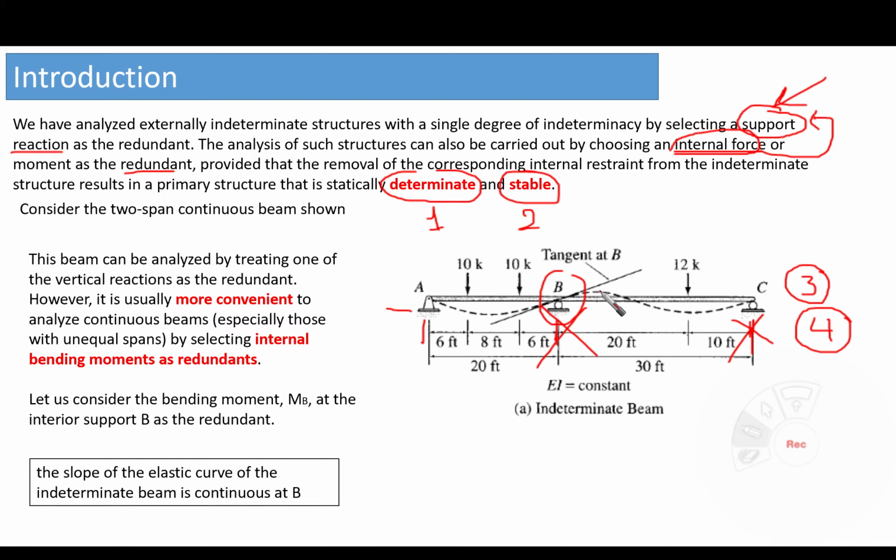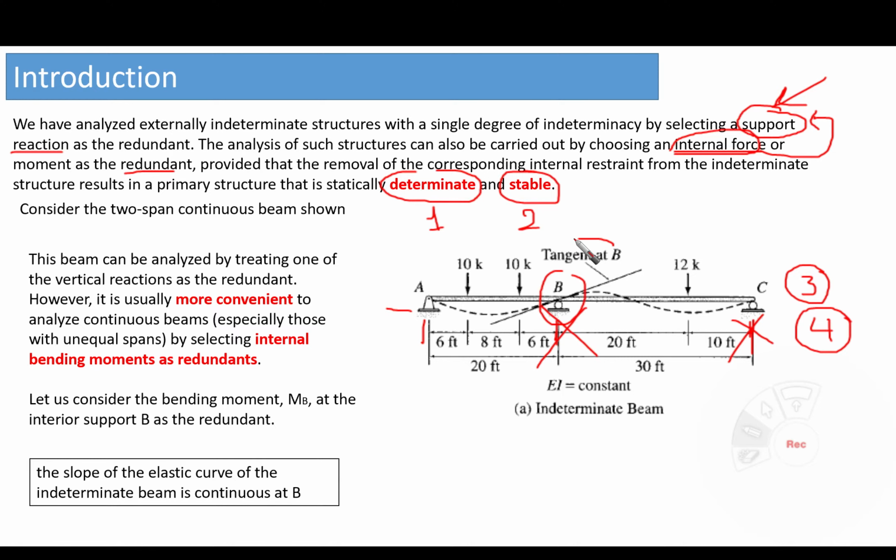First, we need to notice something here, which is that at point B, even though the structure is loaded and the elastic line is shown dashed here, the dashed line representing the elastic line of this continuous beam, you are going to find that the slope at point B is continuous. Continuous means that there is no abrupt change in the slope before and after B. It is smooth, okay?